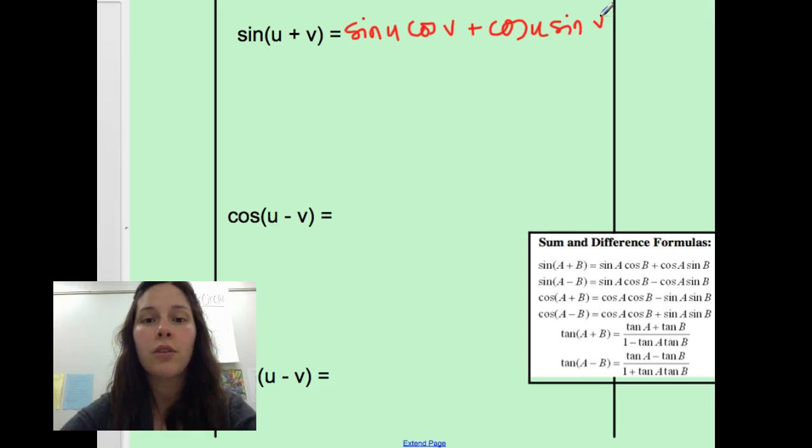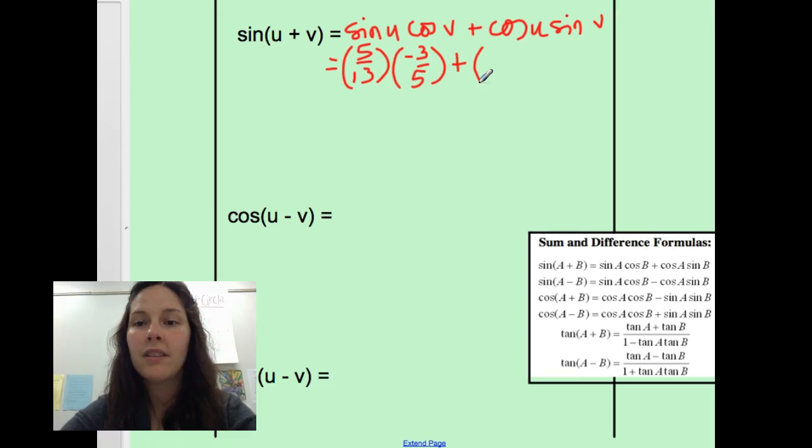So substituting those ratios we just found, sine of u is 5/13. Cosine of v is negative 3/5. Cosine of u, negative 12/13. And sine of v, 4/5.